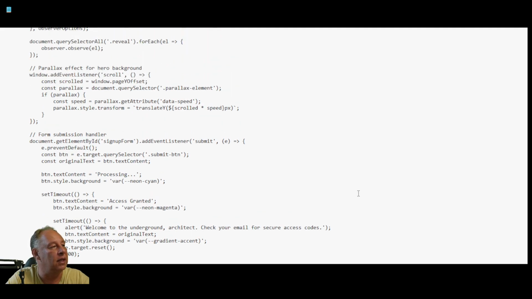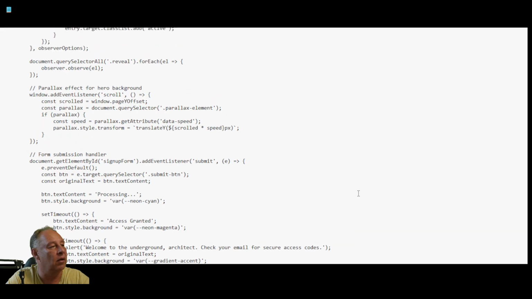For instance, let's see what we can find. A constant scrolled. This is a variable, right? And it's a constant variable, and it equals window page x offset. In other words, where the offset is.